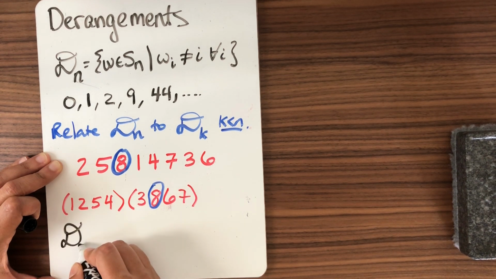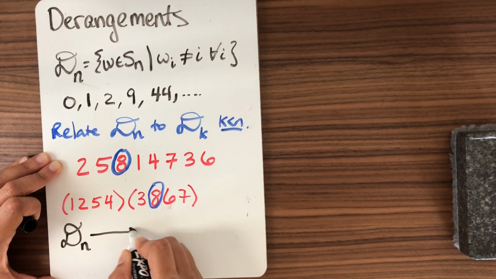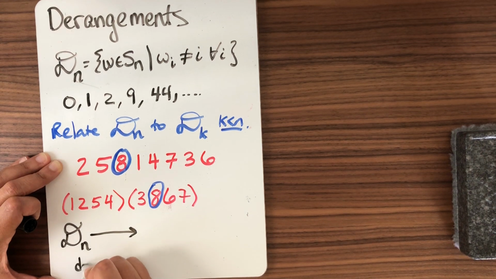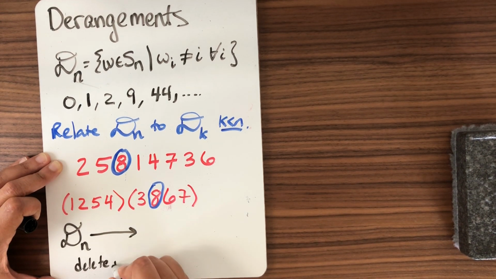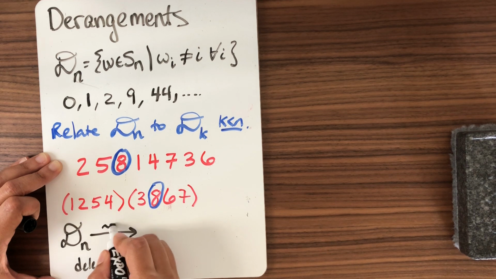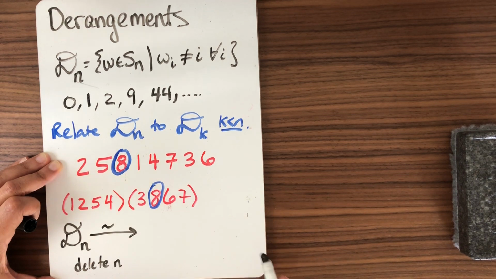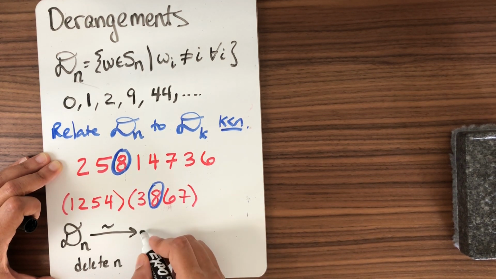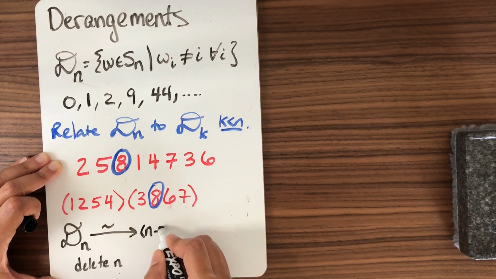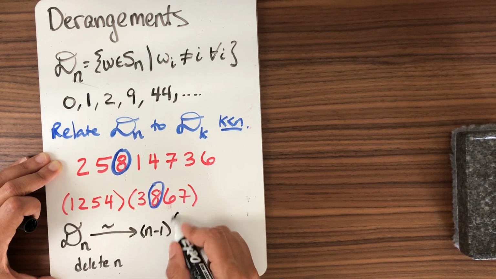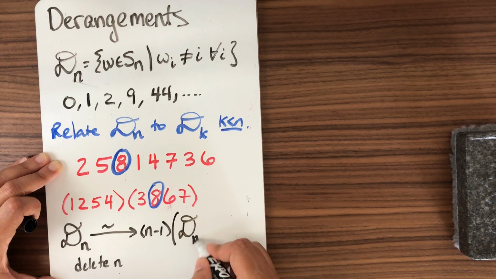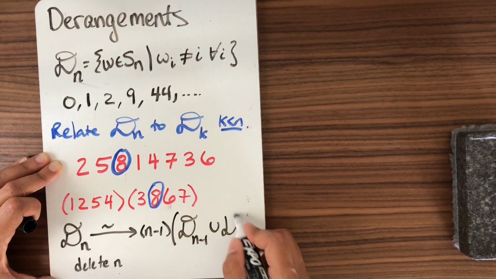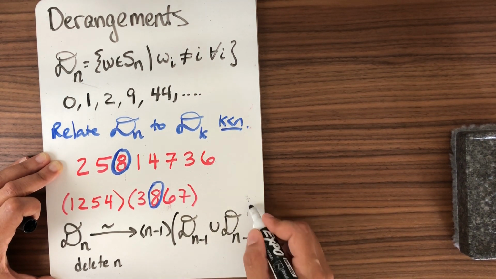We're going to have a bijection, and the map is going to be delete n. And this is going to be a bijection with, well, there's going to be some multiplicity. The multiplicity is going to be n minus 1 copies of Dn minus 1 union Dn minus 2.